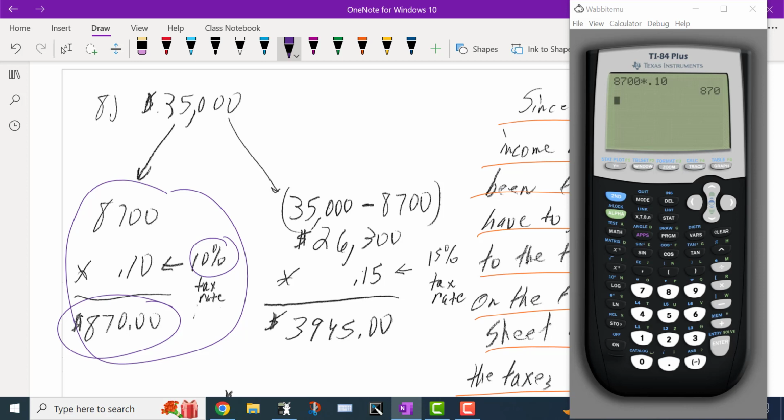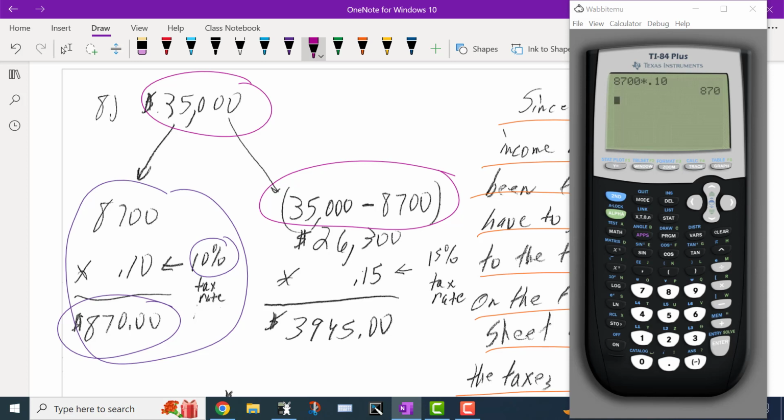Now it says that he made a total of $35,000. So we're going to have to take $35,000 minus $8,700, because he's already paid tax on the $8,700, but he has to pay a 15% tax on the remainder of that amount.